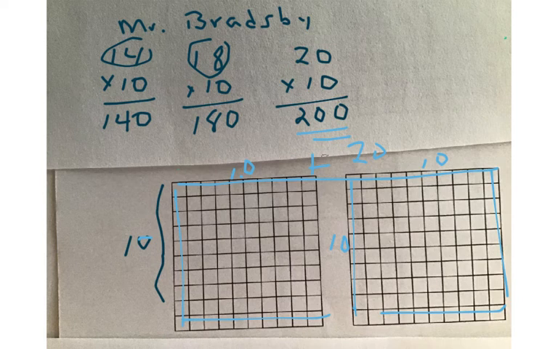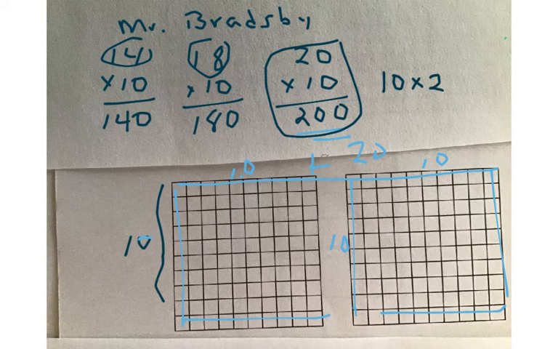Let's look at a way we could do this problem mathematically. We've got 20, which we know is 10 times 2 times 10. Okay? Or we commute these and we get 2 times 10 times 10.